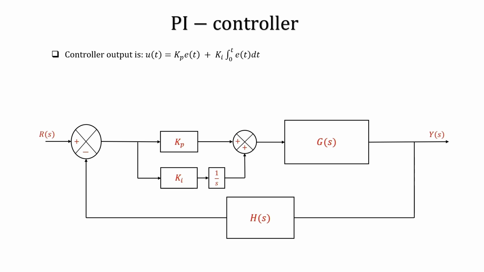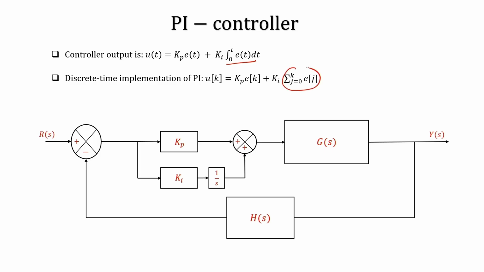By the same logic, sampling the output and sampling the reference signal, the controller output for a PI controller in this form, in the continuous setup, can be written in the discrete time implementation as this, because integration is nothing but addition of each of the samples of the error. You see here this part is taking care of the integration. This is how we implement a PI controller.